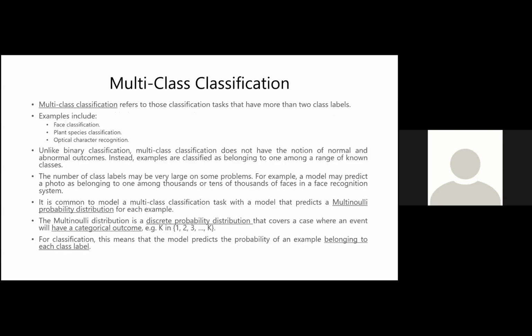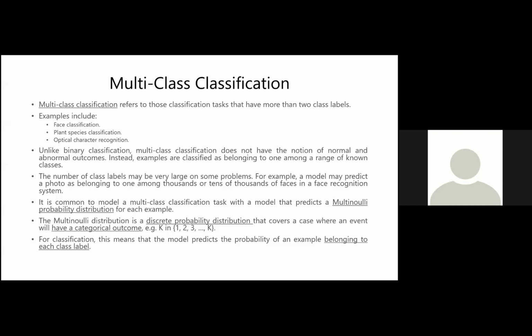Coming to multi-class classification, it refers to a classification which has more than two class labels. One example is face classification, wherein the intention is to choose the nearest face from multiple available faces.